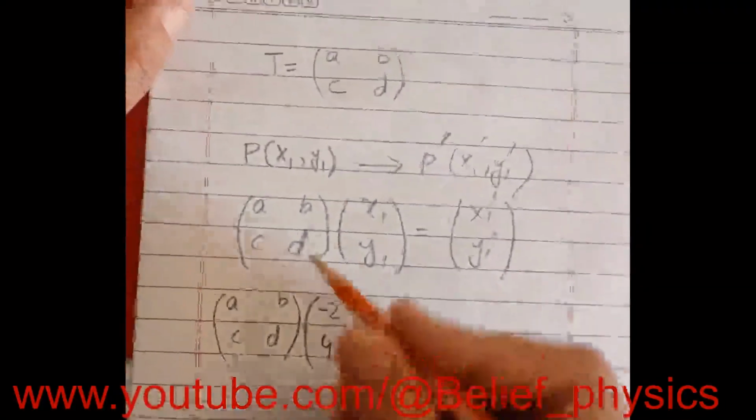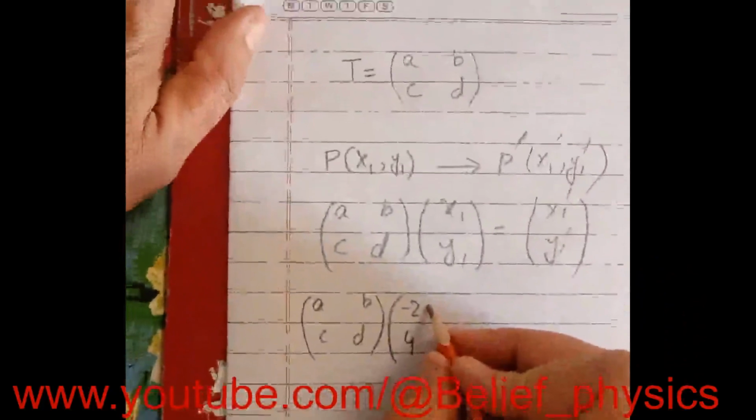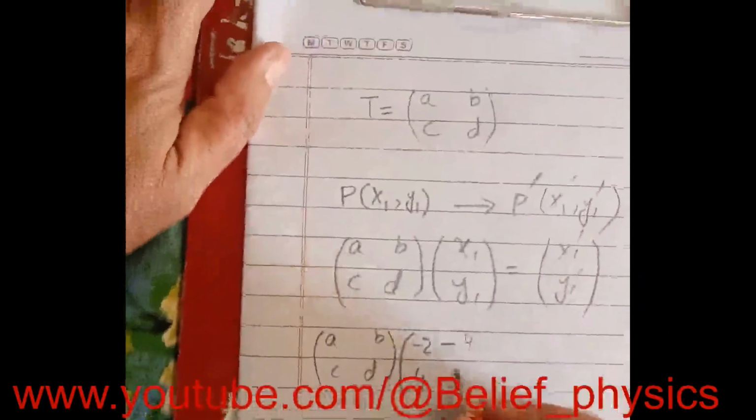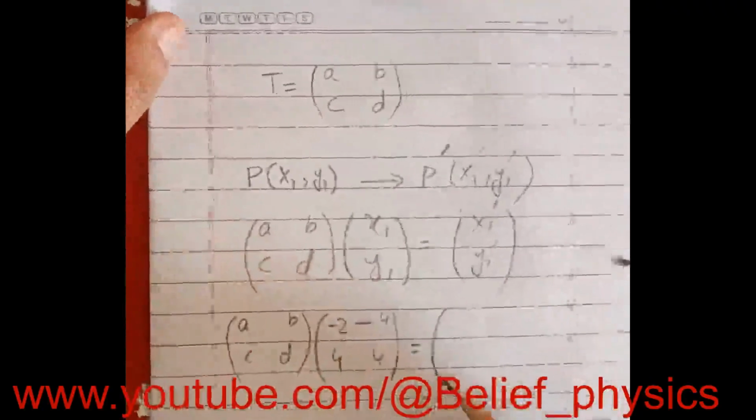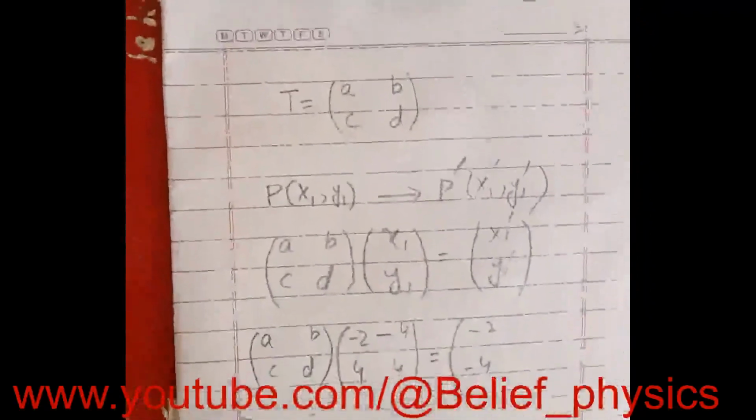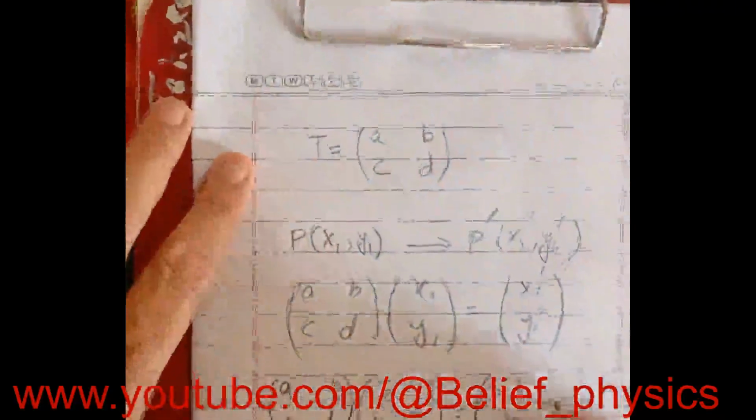This other point is -4, 4. And its image is -2, -4, and the image of the other is -4, -4.